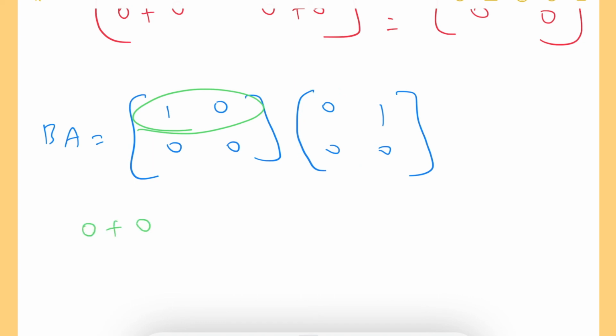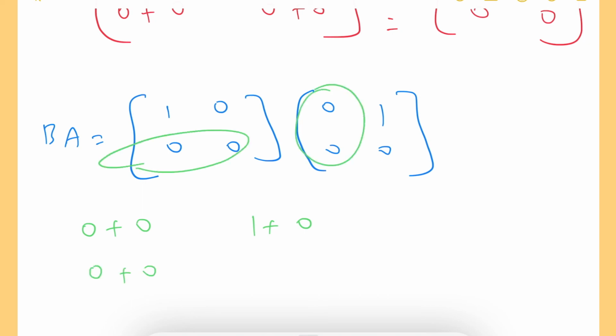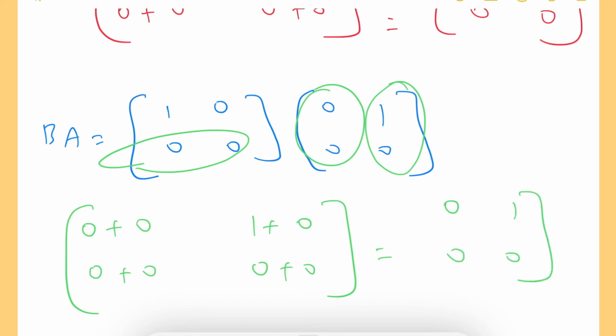The same with the second column: 1 into 1, 1 plus 0 into 0, 0. Next, the second row, first column: 0 into 0, 0 plus 0 into 0, 0. Same with the second column: 0 into 1, 0 plus 0 into 0, 0. So now this is nothing but 0, 1, 0, 0, which is not a 0 matrix.